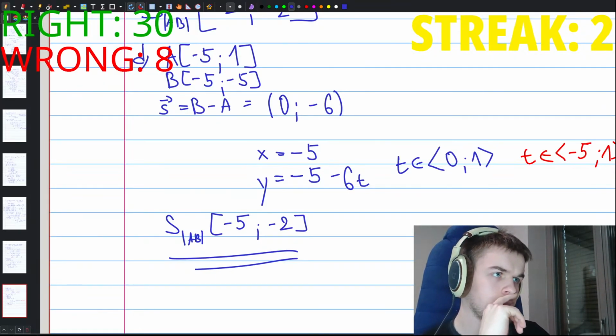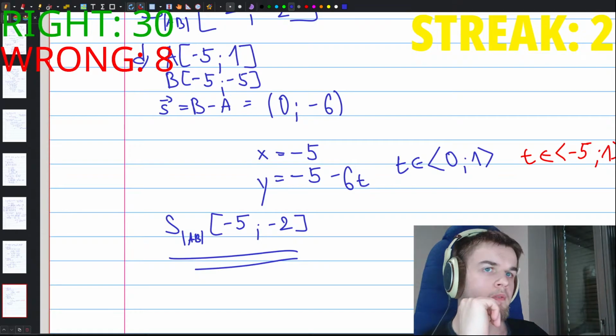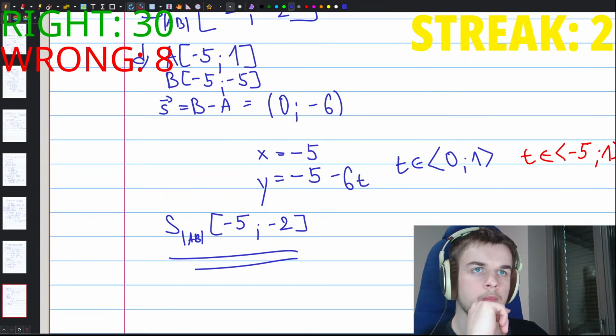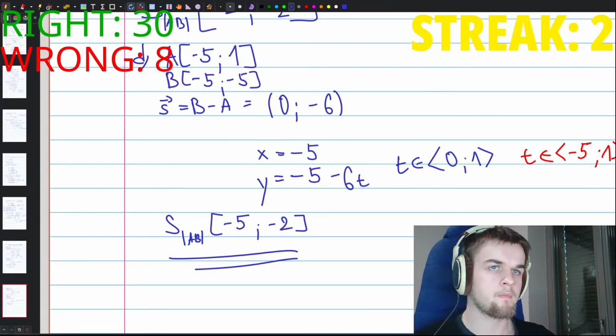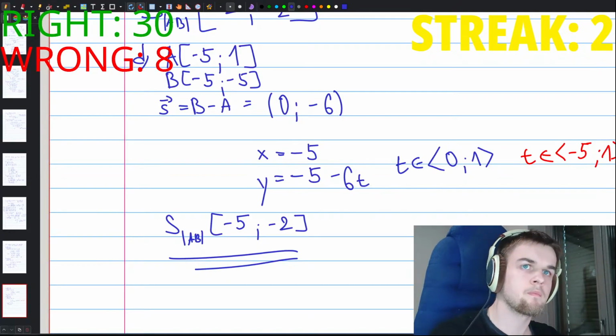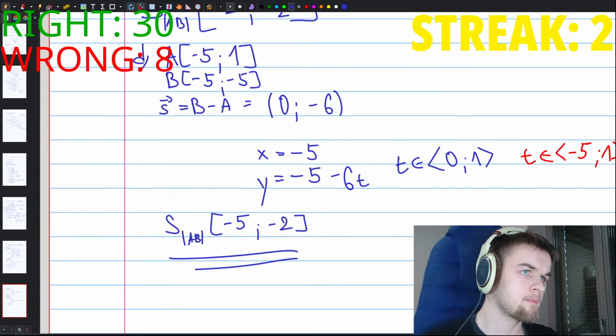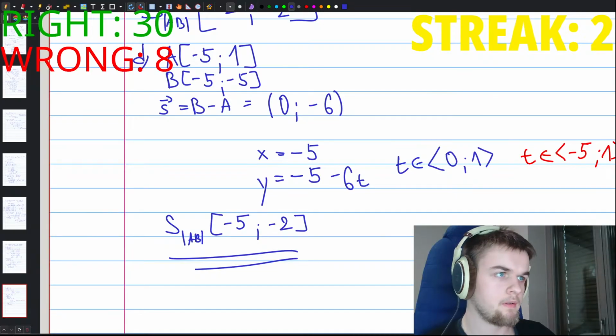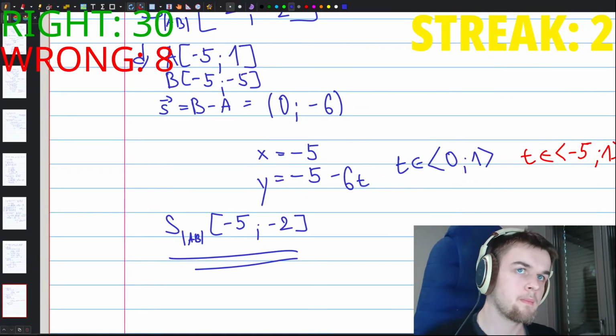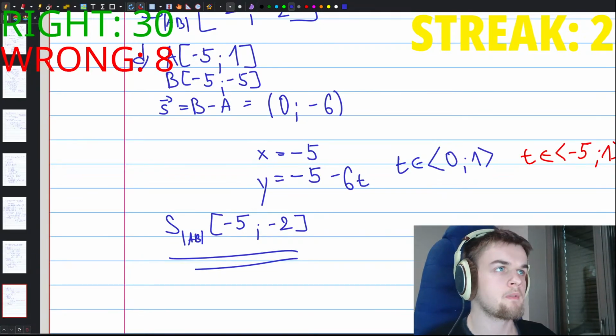Curve. Okay. Curve. And I have -5. Then we have -5 minus 6t.